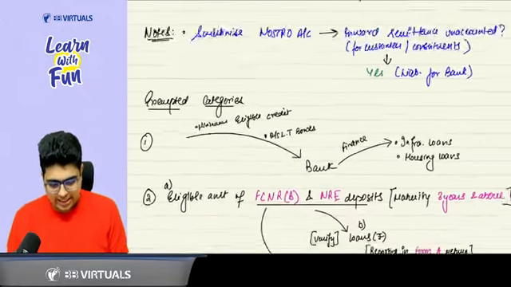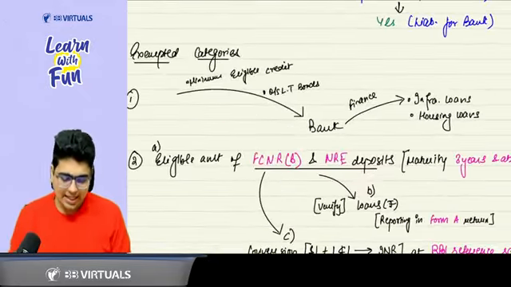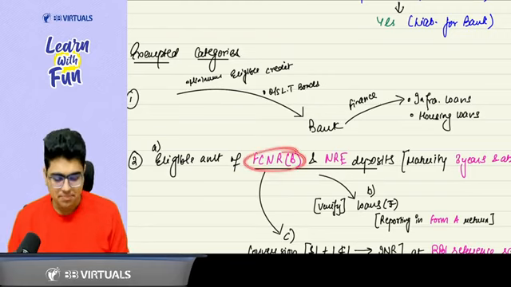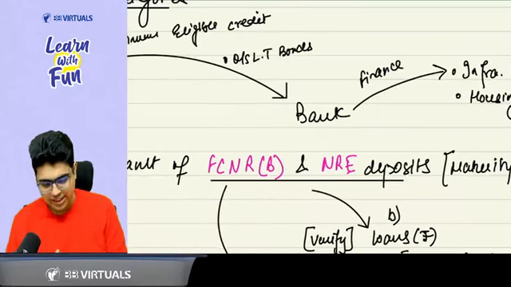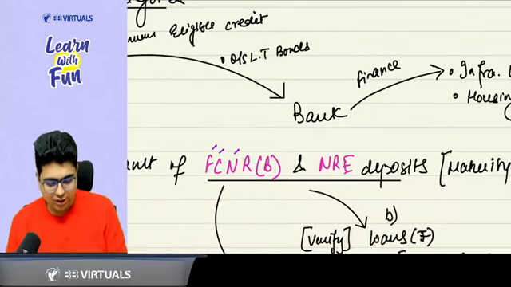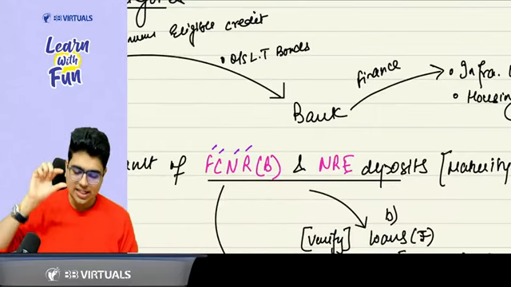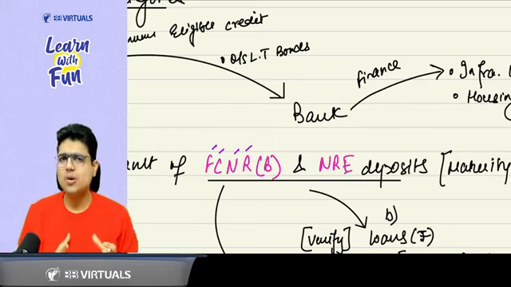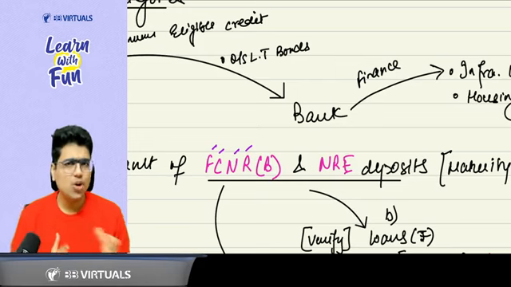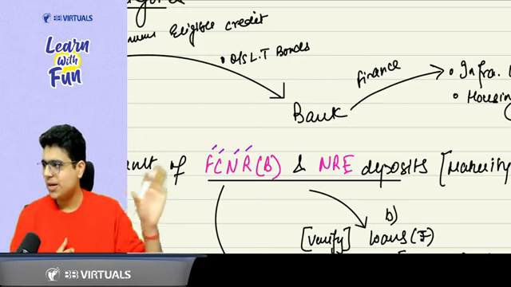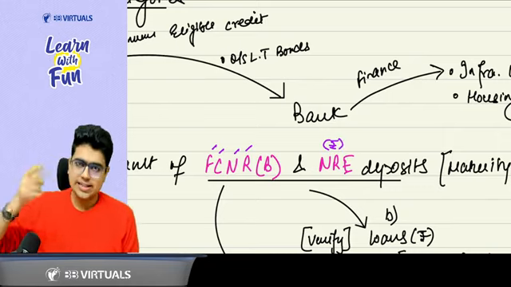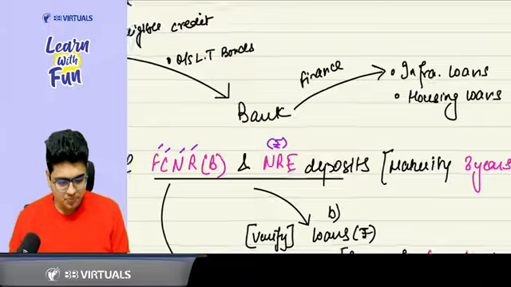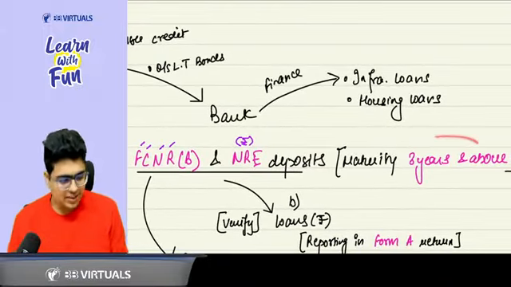Got it, sir. The next point says if there is an eligible amount of FCNR bank account. What is an FCNR bank account? Foreign currency non-resident account, that means any amounts which are receivable in foreign currency like dollar, euro, pounds, will be a part of this account. Or there are INR accounts of the non-resident, that is the non-resident external account, which have a maturity of 3 years and above.